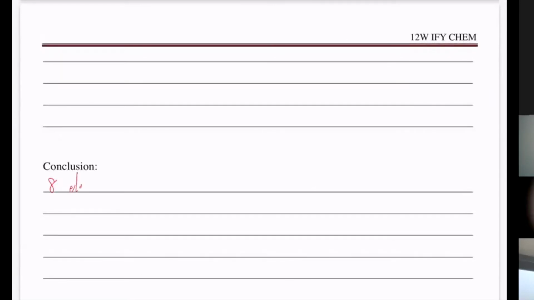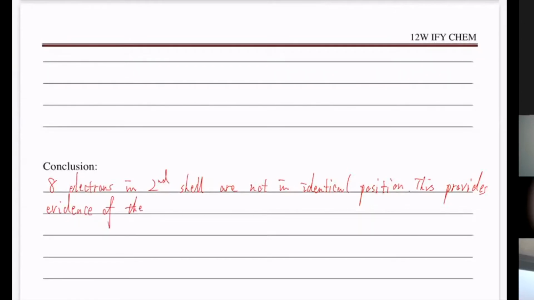So the 8 electrons in the second shell, this provides evidence of the existence of subshells.